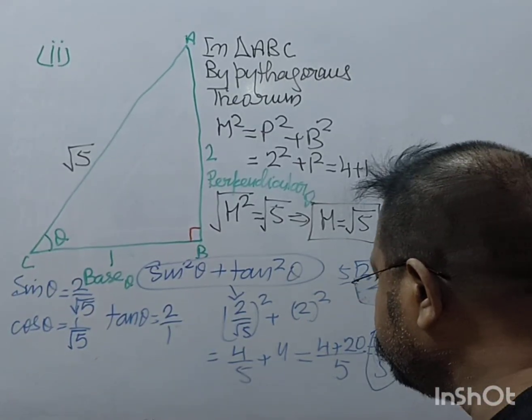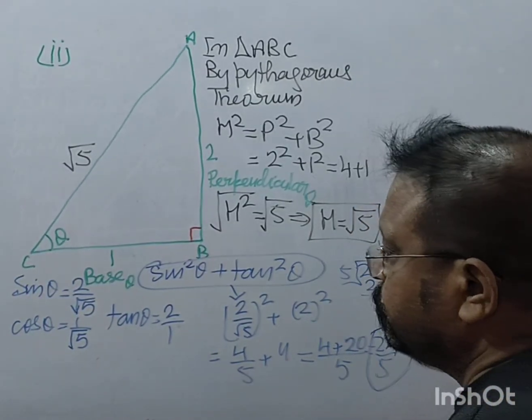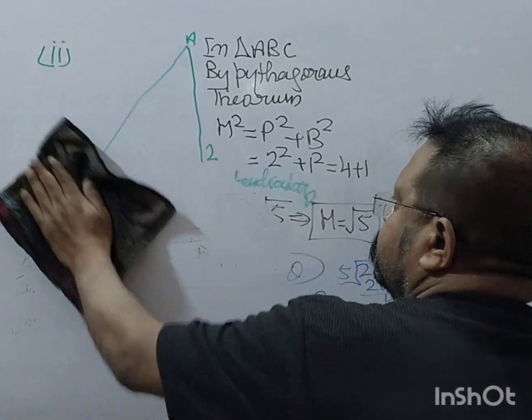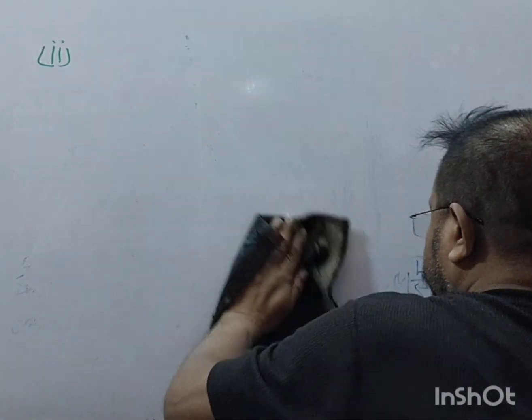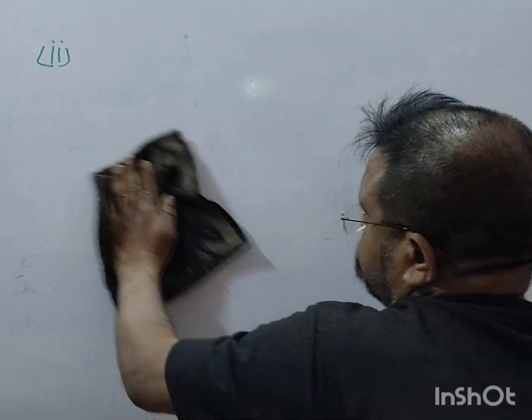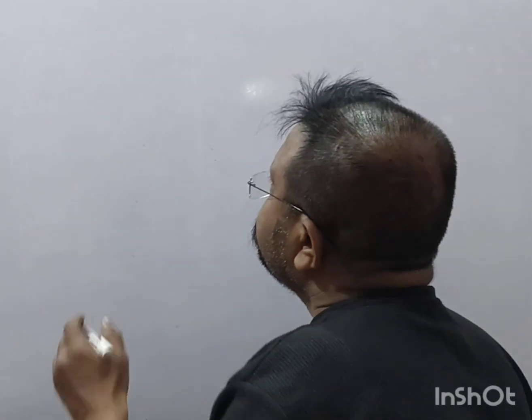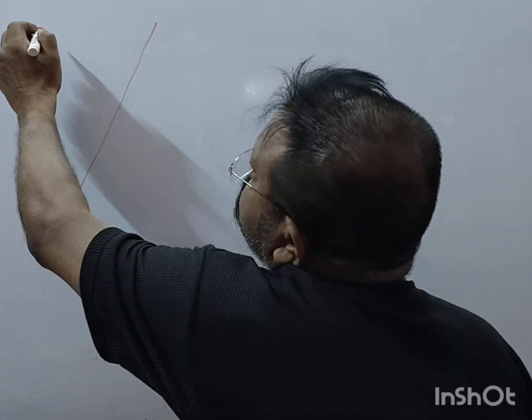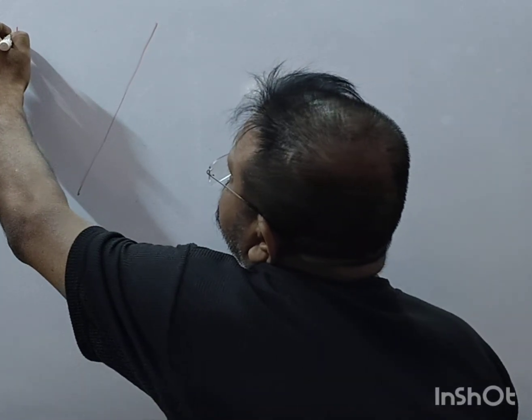Should I rub? Yes sir. What next is again, what it is. There is a triangle. Yes sir. This is question number 8.